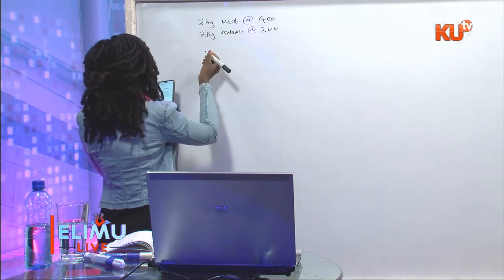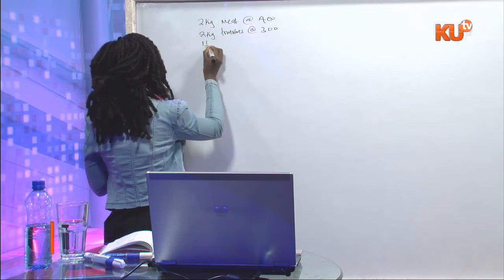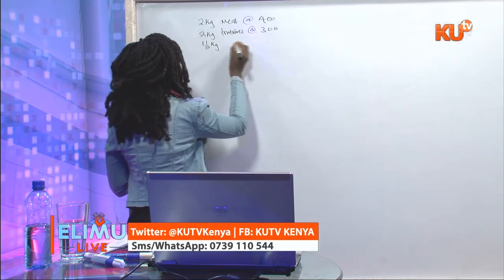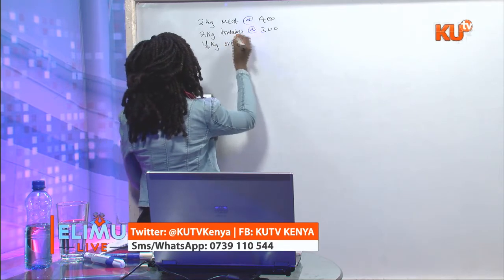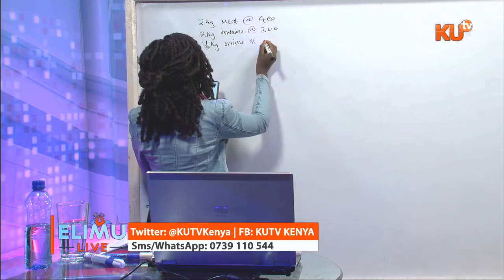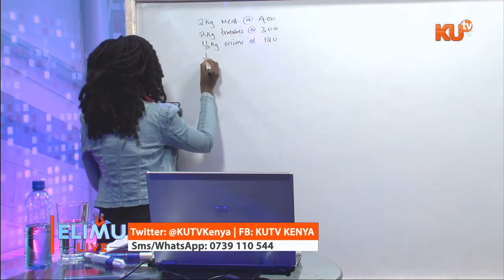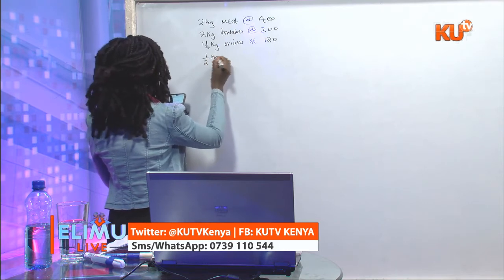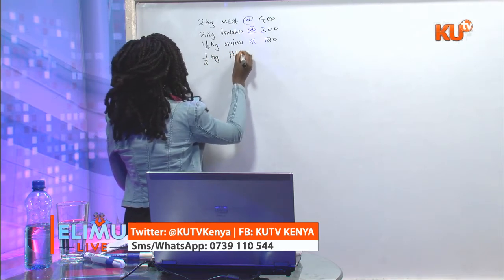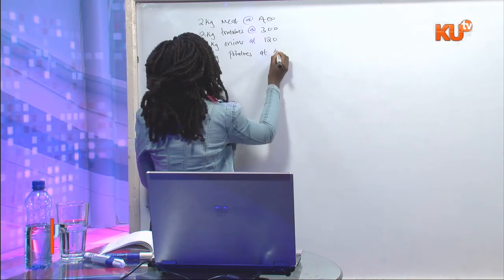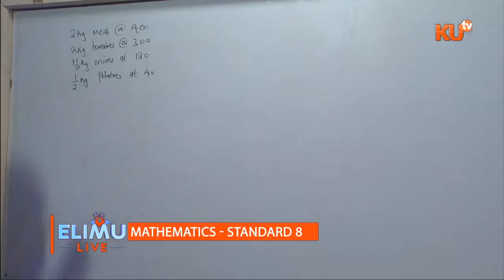We have 1.5 kgs of onions at 120 per kg, and then we have a half kg potatoes at 40 shillings per kg.